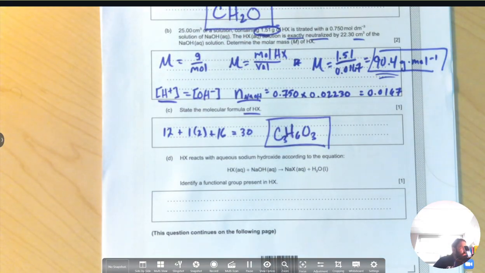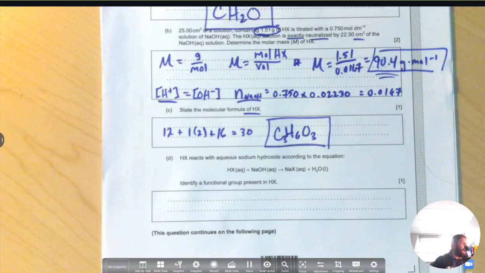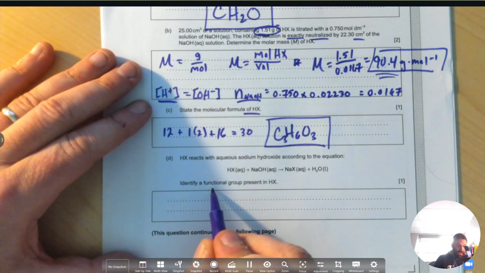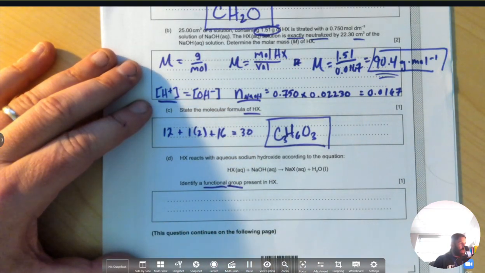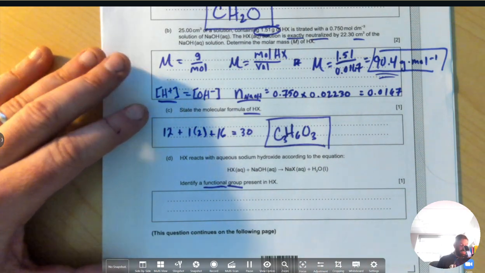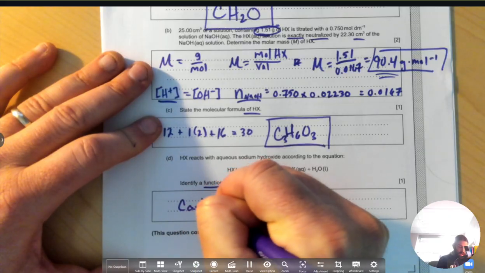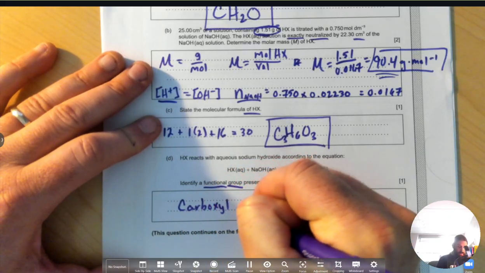Part D here says HX reacts with aqueous sodium hydroxide. That's a little bit redundant because that's what they told us up here, but whatever. And we're given an equation for this. Identify a functional group in HX. If it's a functional group, that means this is an organic acid, and an organic acid has a carboxyl group.